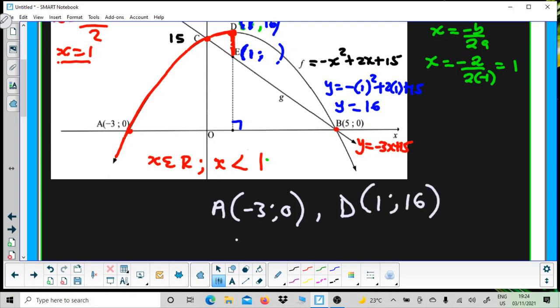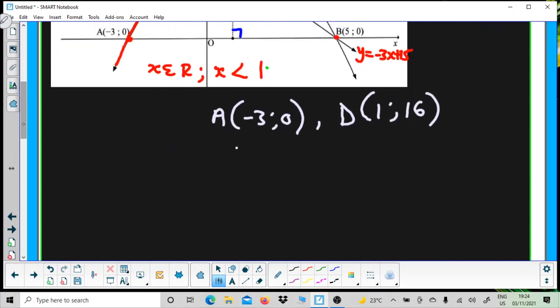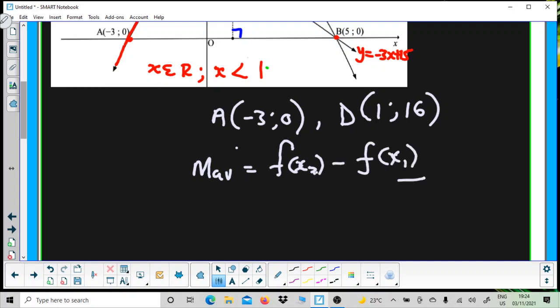Getting the average gradient, maybe the only fancy thing is the way we write the gradient formula. When we want average gradient, normally we just say function of x2. It's as good as y1 minus y2, y2 minus y1. It's really the same. So we use this fancy formula for gradient, nothing serious.